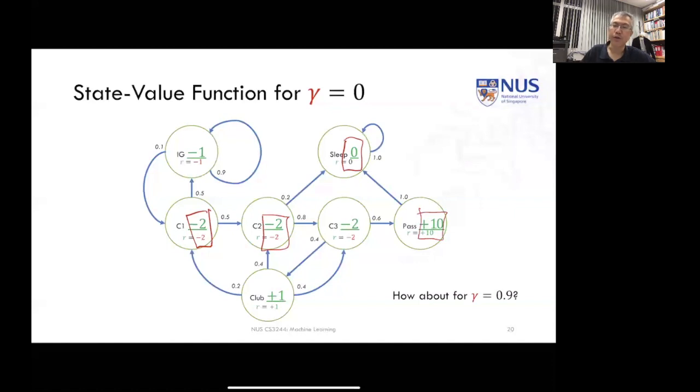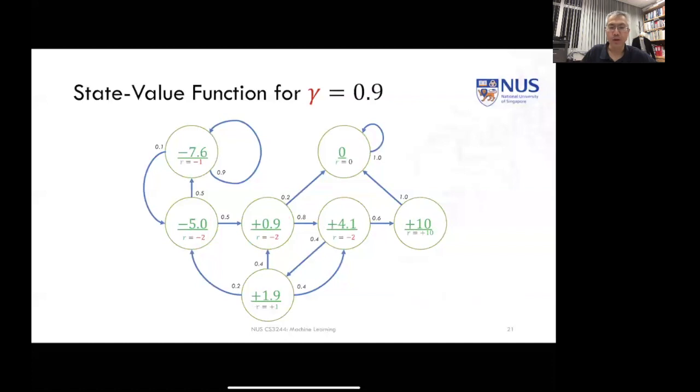In fact, that doesn't really realistically describe what we think of when we do planning, because we take the future into account. So what happens if we change it to something like 0.9, which means that we give the weights of future rewards a 10% discount on average per time step? Then we would get different results, and you can see it coincides with what we might think about.